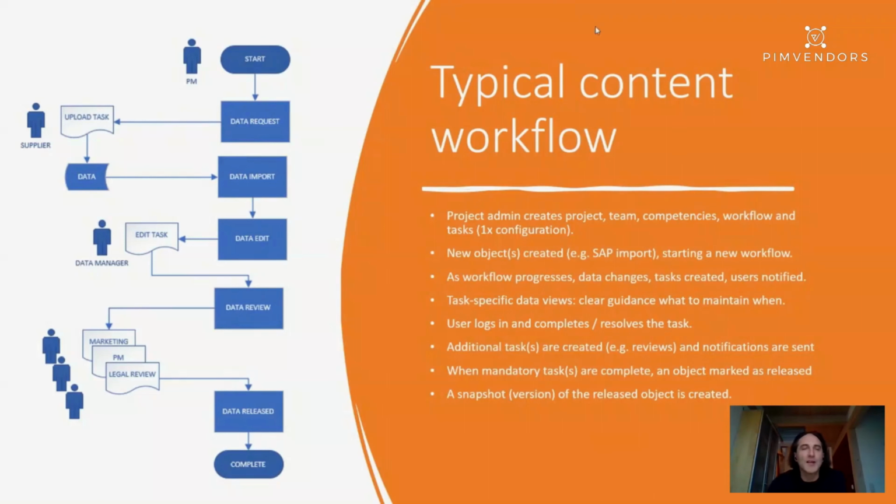There can be a single task, like the data manager has to edit the data, or multiple tasks at the same status. So when it comes to a review, maybe you have different departments that have to review the data: marketing, product management, legal, etc. And at the end, obviously, things get released. You convert the data, output the data, publish it, etc.